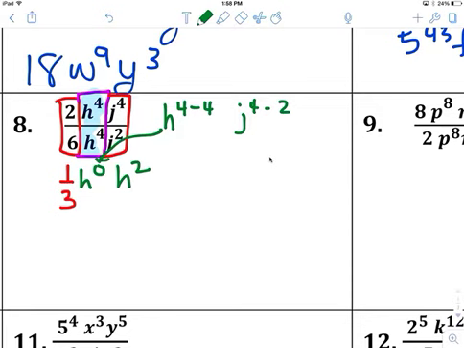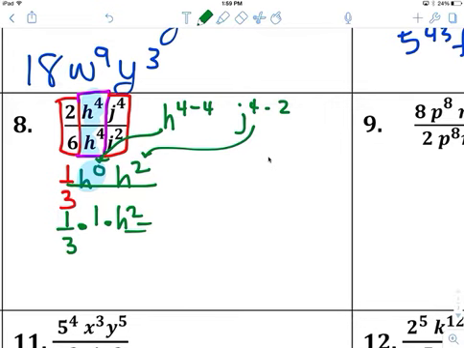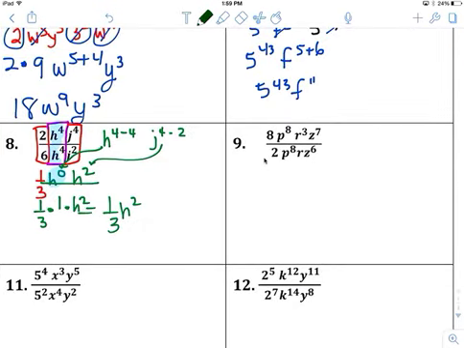If you don't see it, it's right here and right here. Anyways, h to the 0 right here is the same thing as 1. Okay? Draw a line like that. 1 times a third is still a third times h squared, so it's basically 1/3 h squared. Or another way to write that is 1 h squared over 3, or just h squared over 3, like that.